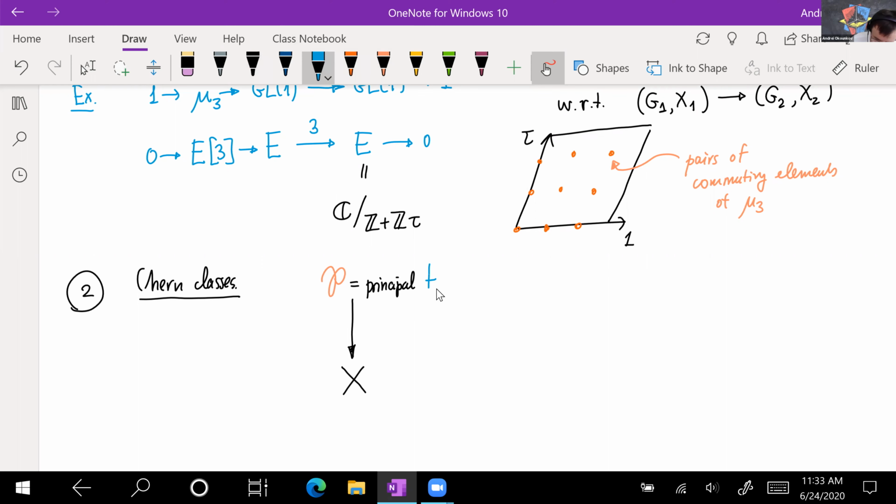It could be G, but it's a principal H bundle. Usually in topology we say these are classified by maps from X to BH, but maybe more intrinsically that is just the same as a map from X to the stack point mod H.